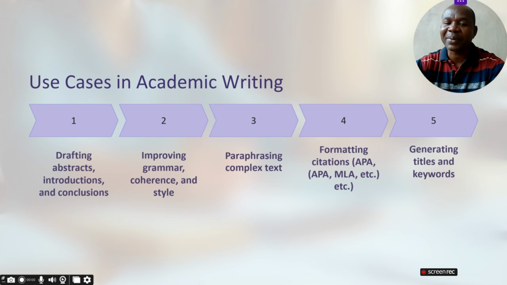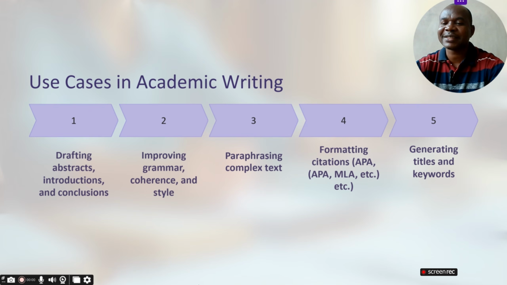It can help you in paraphrasing complex texts, paraphrasing them in a very simple time. Maybe you are doing your literature search and you extracted a submission from a particular author and you want to paraphrase it to avoid plagiarism. Artificial intelligence can help you to do that seamlessly and of course commonly with ChatGPT.